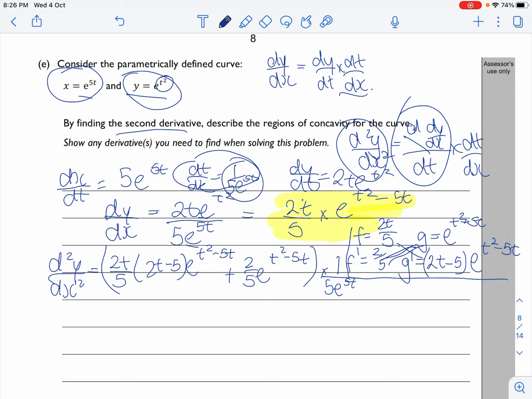That's just from this bit here. Okay, right, it's going to be a little bit messy.